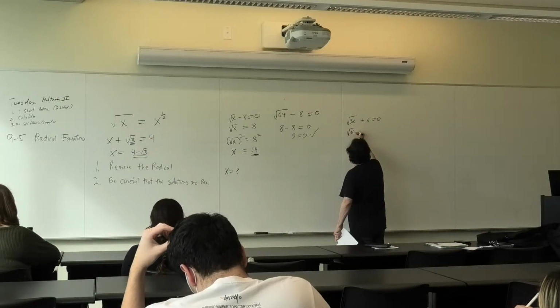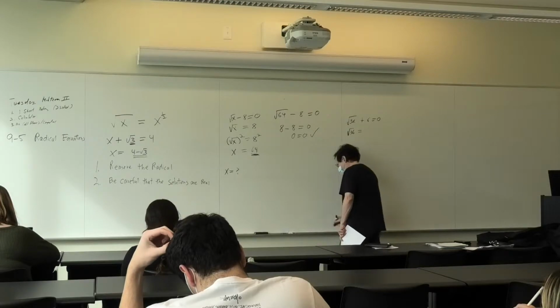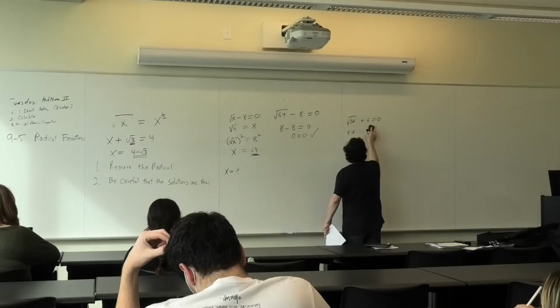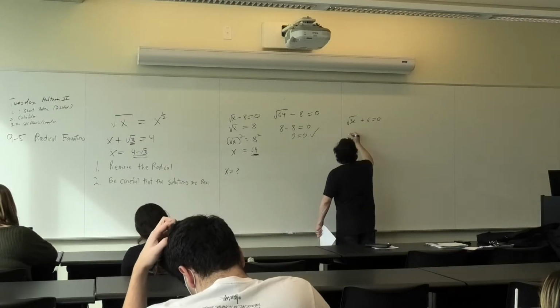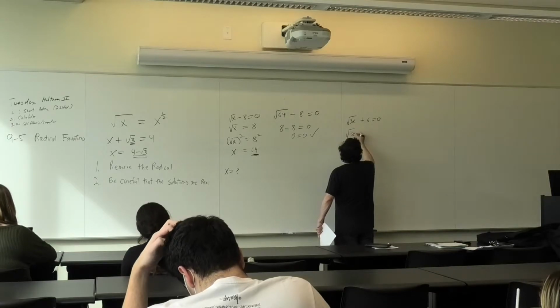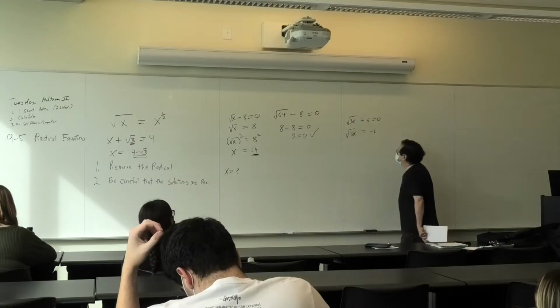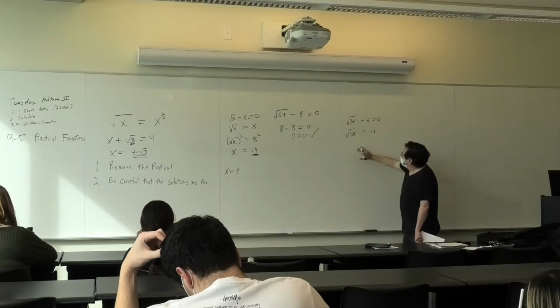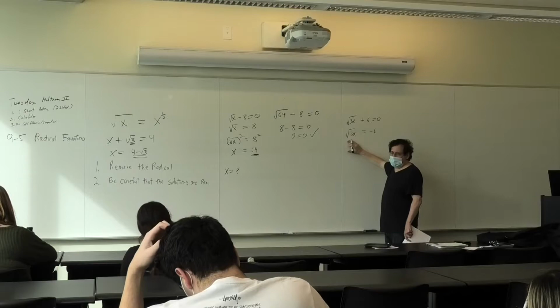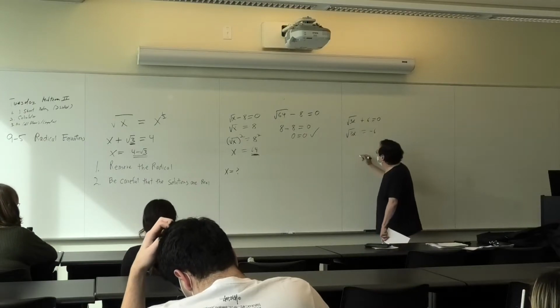Square root of 3x equals, minus 6 on both sides. Minus 6, okay. Well, again, to get rid of this radical, I'm going to square both sides.